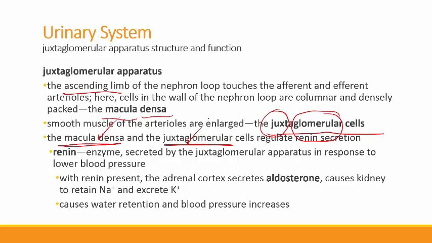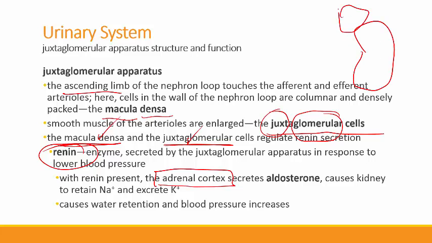And in response to low blood pressure, they release this material called renin. Renin is an enzyme. And when renin is present in the blood, we see a cascade of events that we'll talk about in just a minute that results in the adrenal cortex. So now we're looking at the adrenal glands. And if this is a kidney, the adrenal gland is this pyramid mass of tissue here.